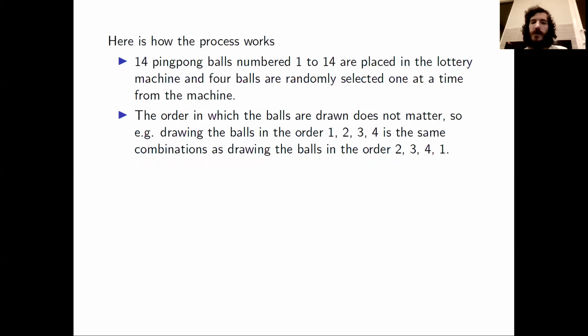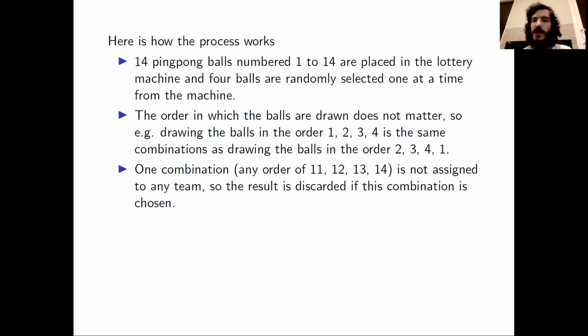So for example, if we drew the balls 1, 2, 3, 4 in that order, that's the exact same combination as drawing the balls 2, 3, 1, 4, or 3, 4, 1, 2, or 3, 1, 4, 2, and many other orders.